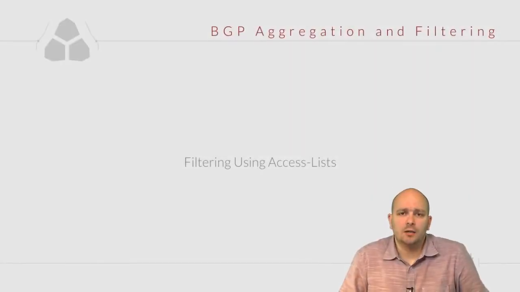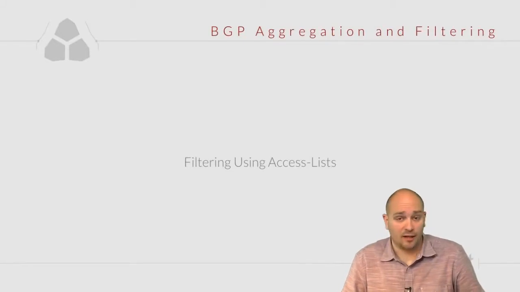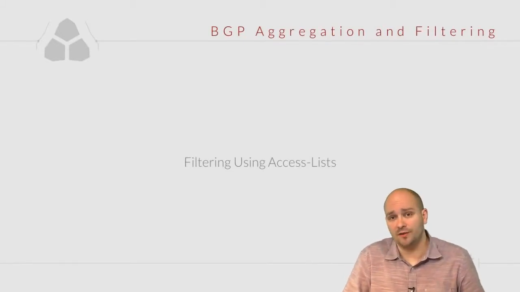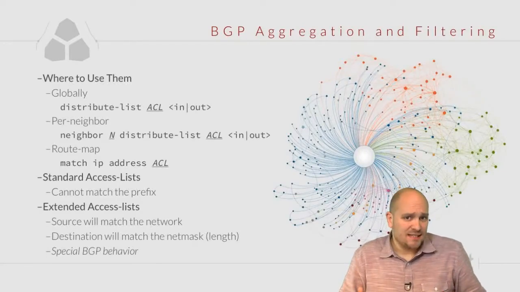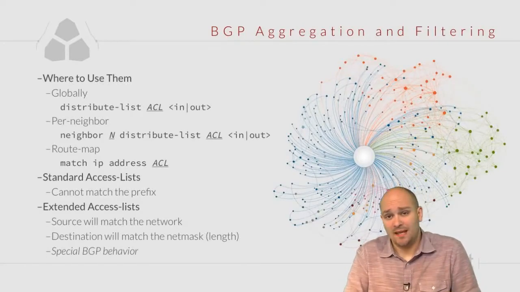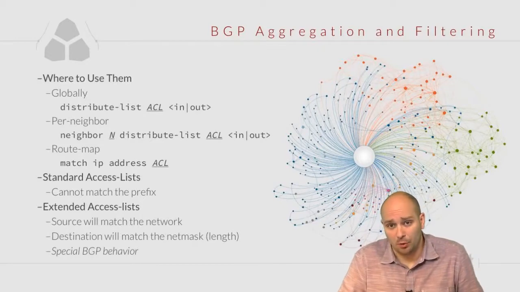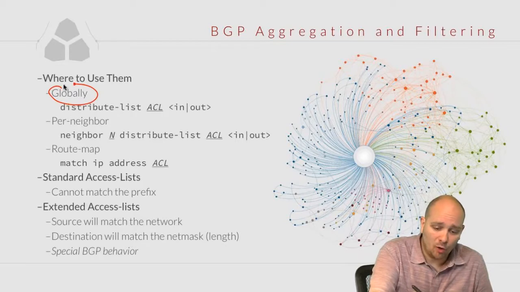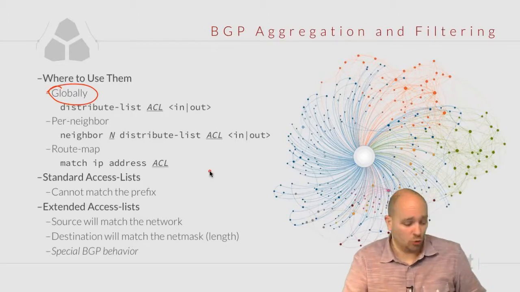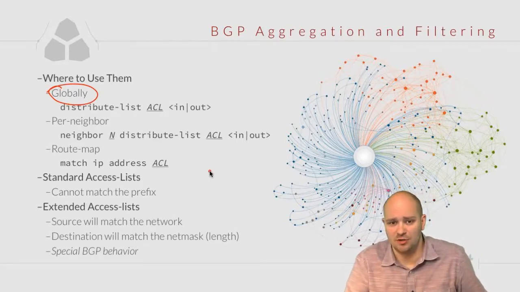Now let's talk a little bit about route filtering, and more specifically, route filtering using access lists. Access lists for route filtering in BGP can be used in multiple locations. They can be used globally, and by globally I mean in the whole process, or the address family if you are using the address families.